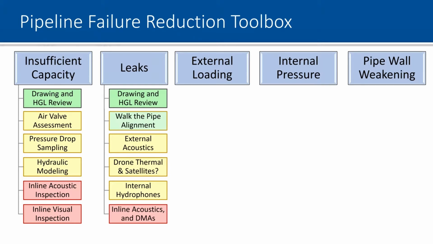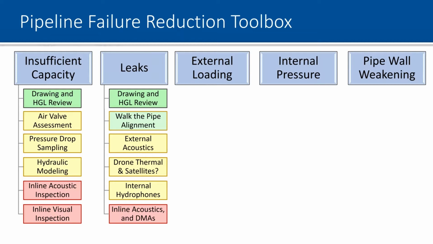With leak detection, trying to find leaks, again, starting with a basic drawing review, hydraulic grade line to understand what pressures you're dealing with, walk the alignment. It's amazing how many times I've walked alignments with utilities, and we're surprised when we find a big leak that was surfacing. We just weren't aware it was there. So just walking the alignment can be an easy way to find big leaks. Applying external acoustics can sometimes be effective.